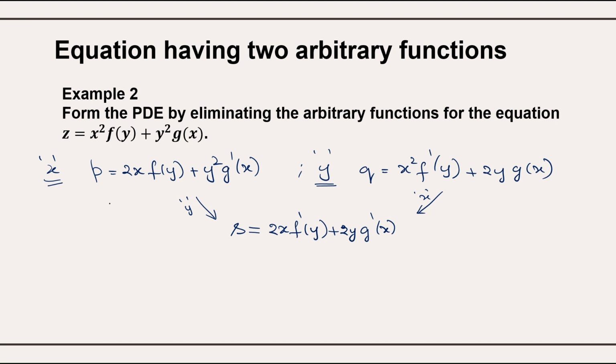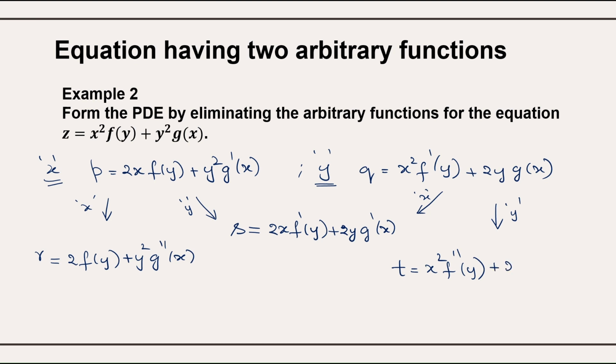Now we have two more second order derivatives, r and t. While differentiating p with respect to x again, that gives you r, which is equal to 2 into f(y) plus y² into g''(x). Similarly, if we differentiate q with respect to y again, that gives you t, which is equal to x² into f''(y) plus 2 into g(x).